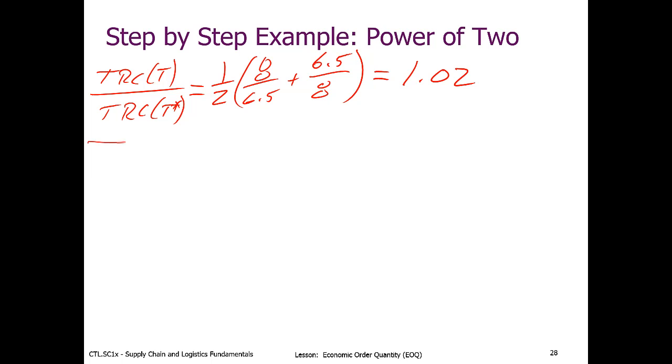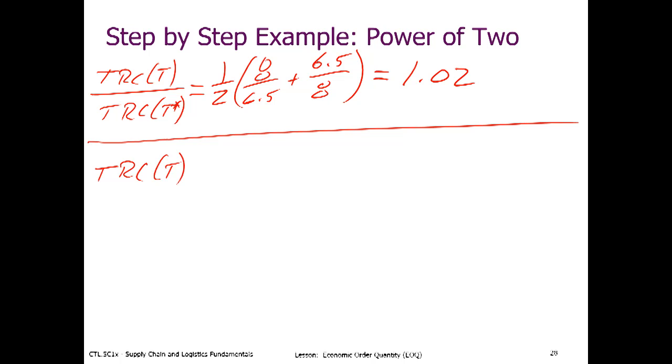But let's say I don't trust the formula. Let's just figure it out the long way, right? TRC, the total relevant cost for the T, is going to be equal to what? Well, I've got my order cost, $750 per order, times 25,000, my demand, divided by my Q, which we said was 3,846.